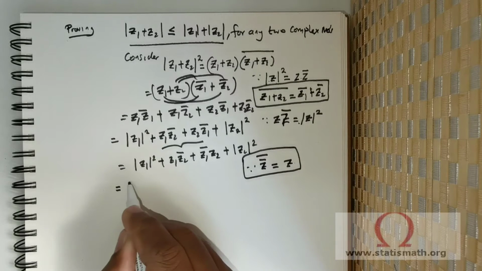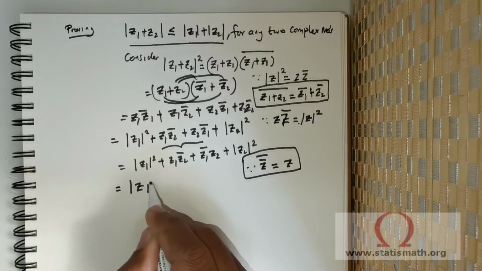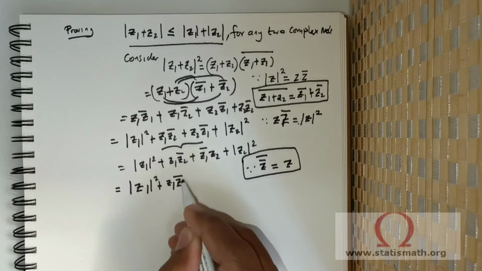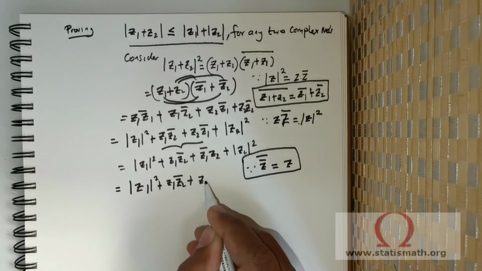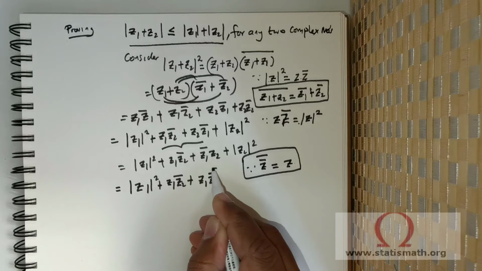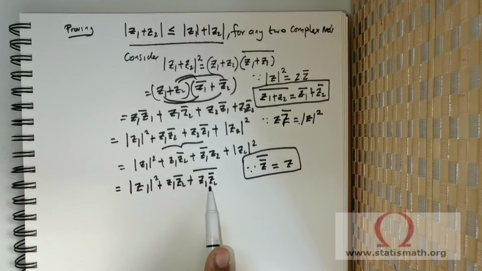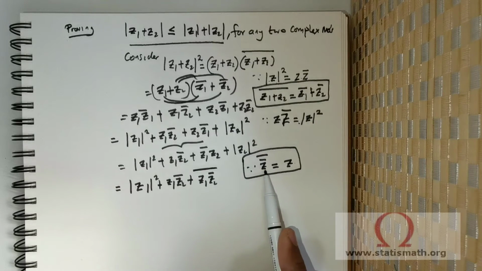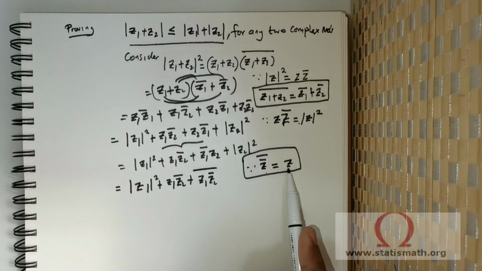Before I use it, I'm going to rewrite this as modulus of z1 squared plus z1 z2 bar, plus the conjugate of z1 z2 bar. If you look only at this quantity, it has a conjugate and I'm applying the conjugate again. So when I do that, it is actually z2, because the conjugate of a complex number undergoing conjugation again gives the complex number in its original form.